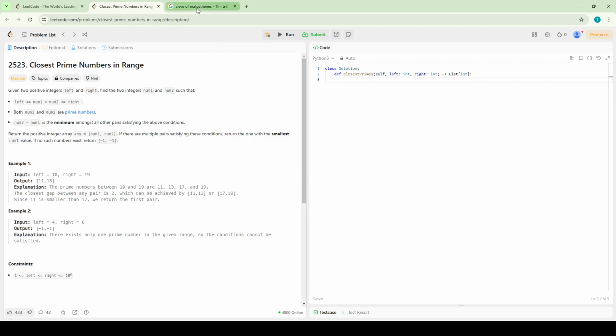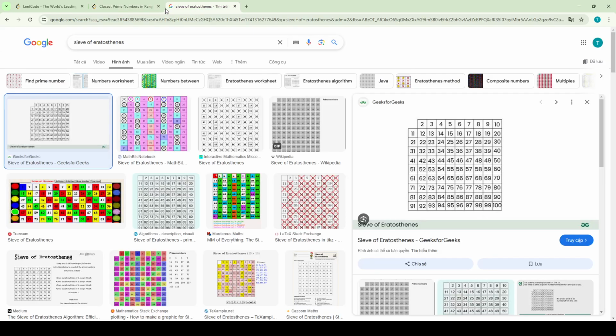I don't know if you can see the screen, but here we have a list of numbers from 2. Now, for example, if our upper bound is 100, I need to generate all prime numbers up until 100. What I'm going to do is iterate through each of these numbers.